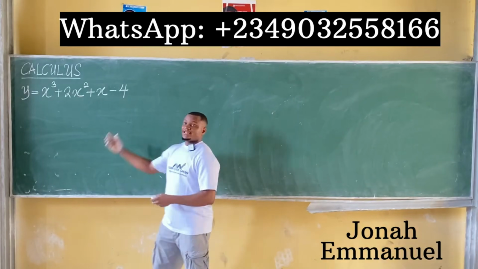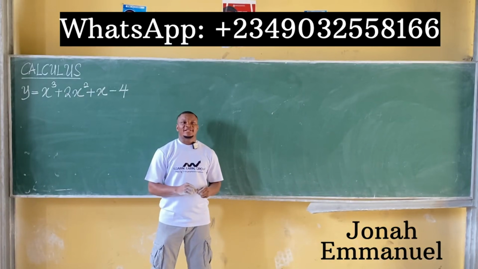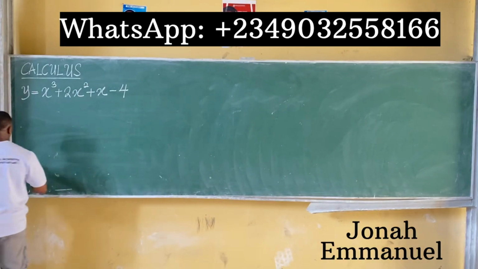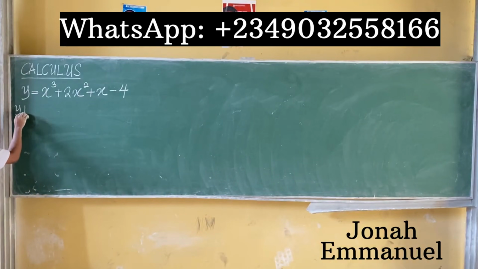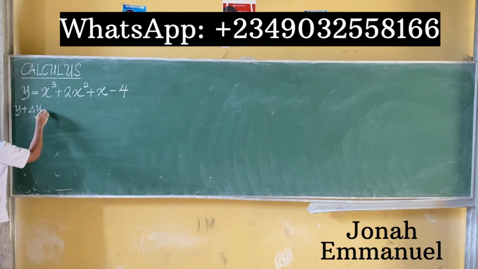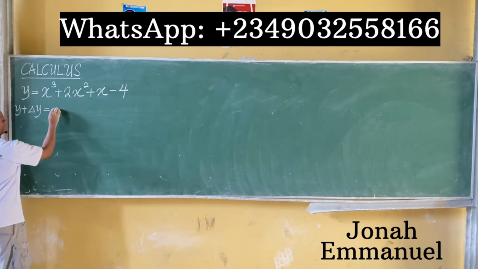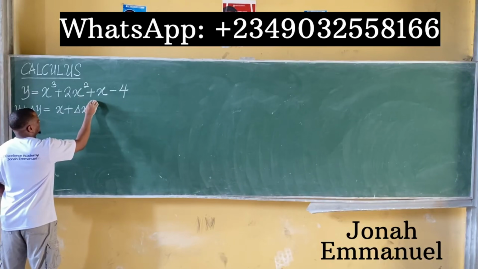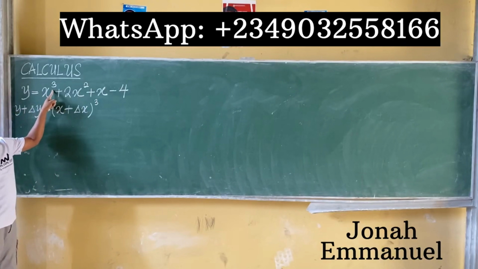All right, let's do first principle. Please, for first principle, what's my first step? So y plus what there? Change in y is equal to, for here, what do I have? x plus change in x, to the power 3.